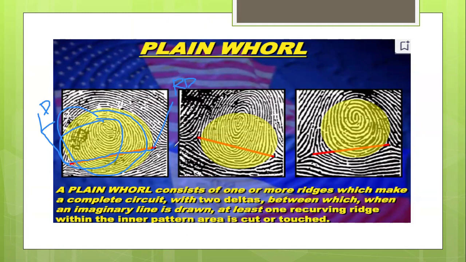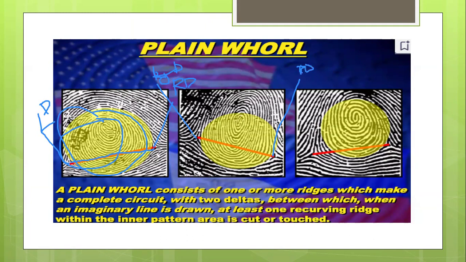Another set of examples, this one. RD, meaning right delta. And we have this, this is the left delta, LD. And this one is RD, meaning right delta. Okay?